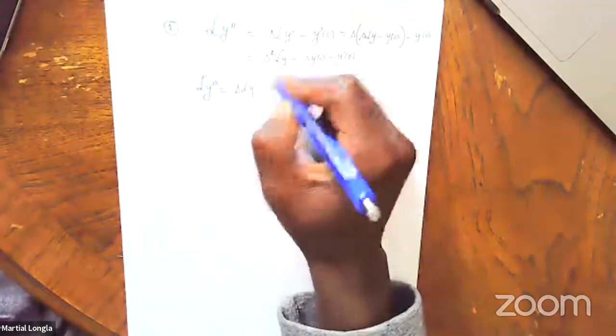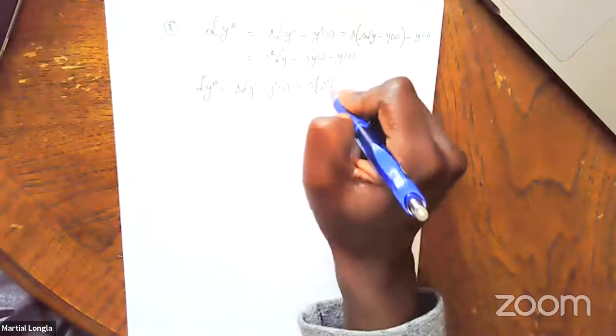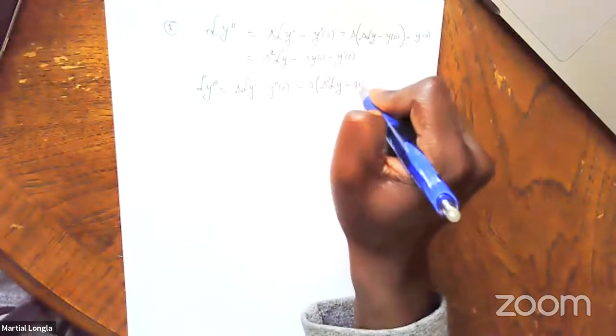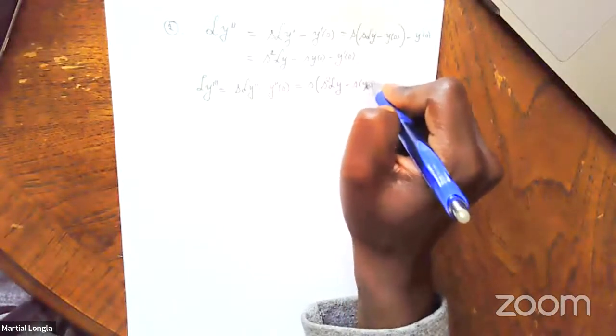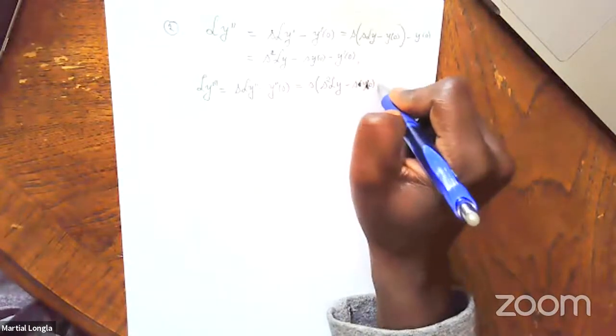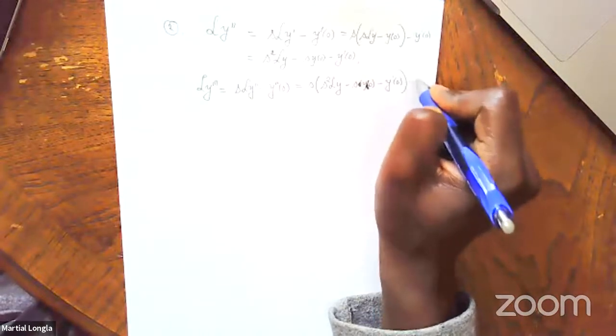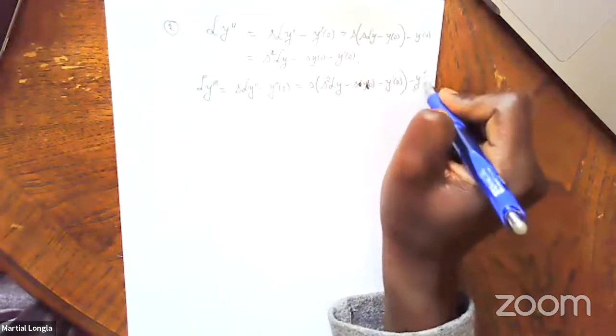And the Laplace transform of the second derivative is that. So that's s squared Laplace transform of y minus s y of 0 minus y prime of 0 minus y double prime of 0.